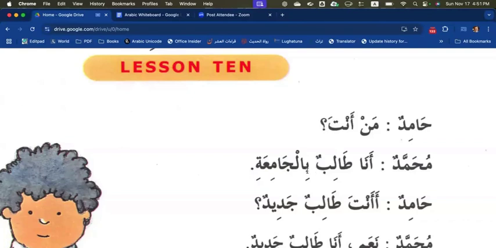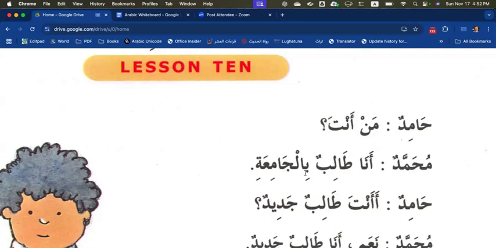So bi has many meanings, but it's also a harf jar, and it makes the nouns majroor. This harf jar is a little bit different because it is connected. It's a prefix. Remember, we have learned fi, ala, ila, and min, from.